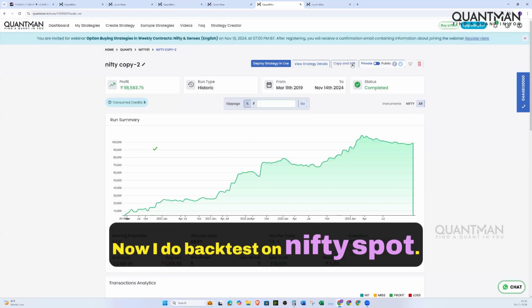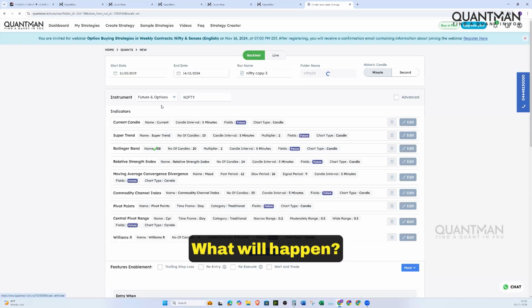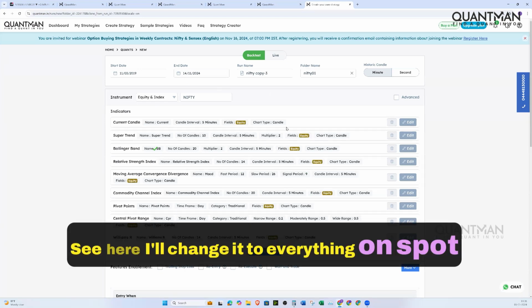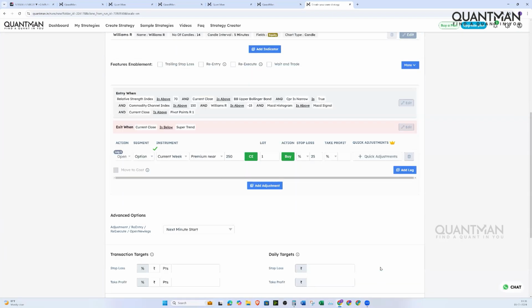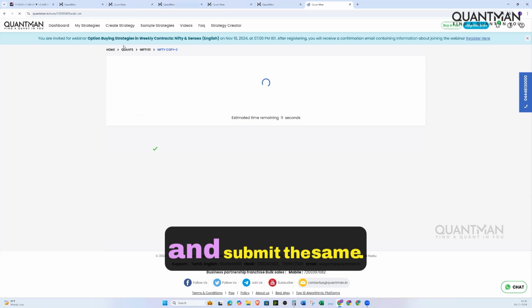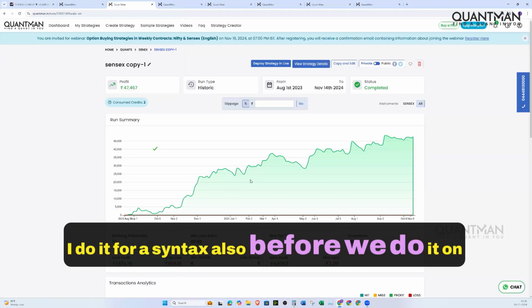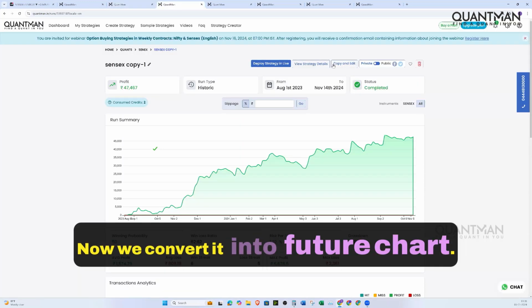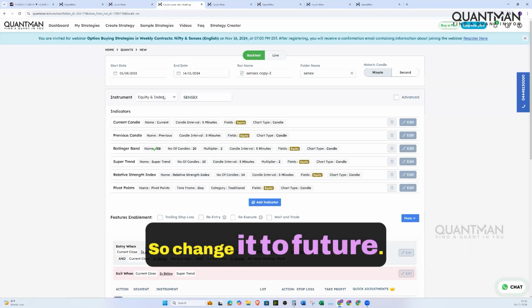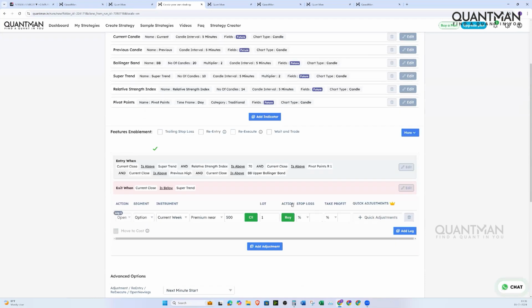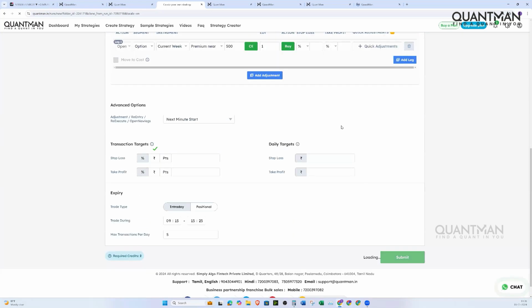We backtested on it. Now I do backtest on Nifty spot. What will happen? We'll see. See here, I will change everything to spot and submit. The same I do for Sensex also. Before, we did it on the equity chart. Now we convert it into a futures chart. Copy and edit, change it to futures and do backtest.